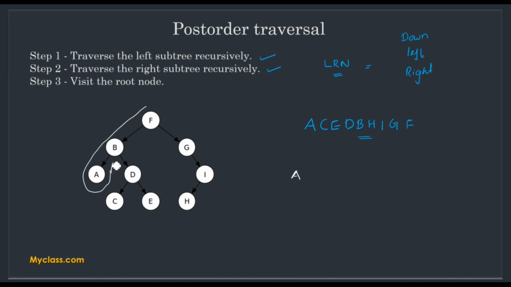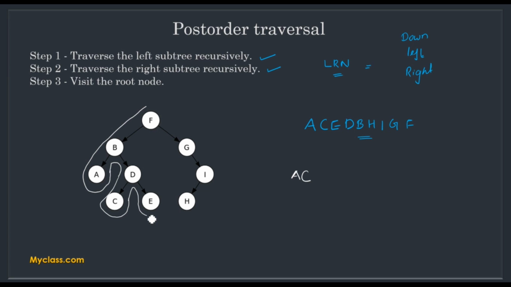Now B is at down, now D is at left, C left, now C down. At the down of C we are, at the down of D we are, now at the down of left of E we are, at the right of E. So now right there is C. Now D, down to D we are.